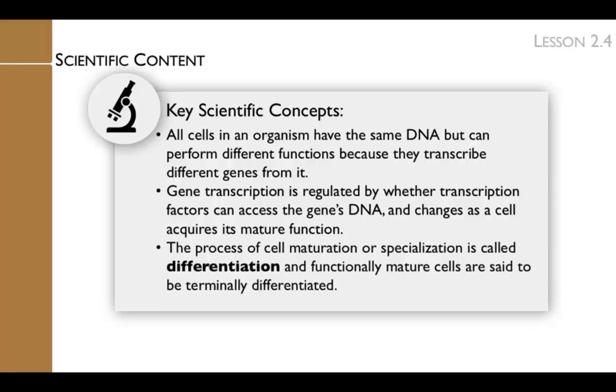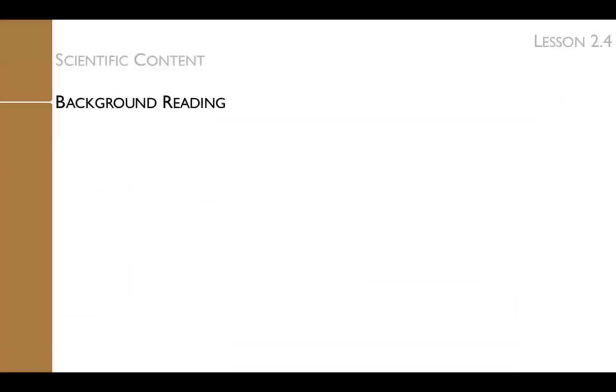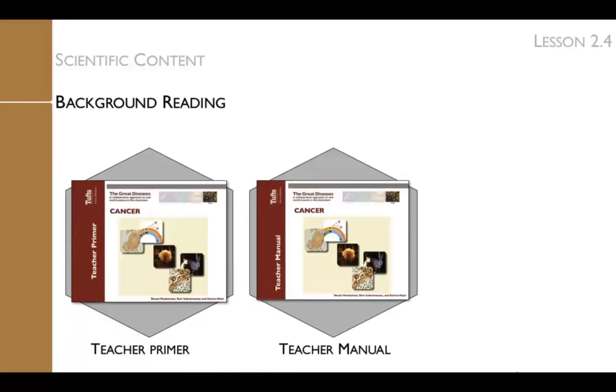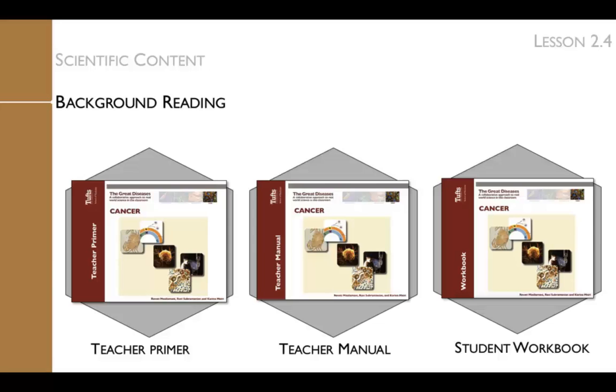The process of cell maturation or specialization is called differentiation, and functionally mature cells are said to be terminally differentiated. You can review the scientific content in the background reading provided for you in the teacher primer, the teacher manual, and the student workbook.